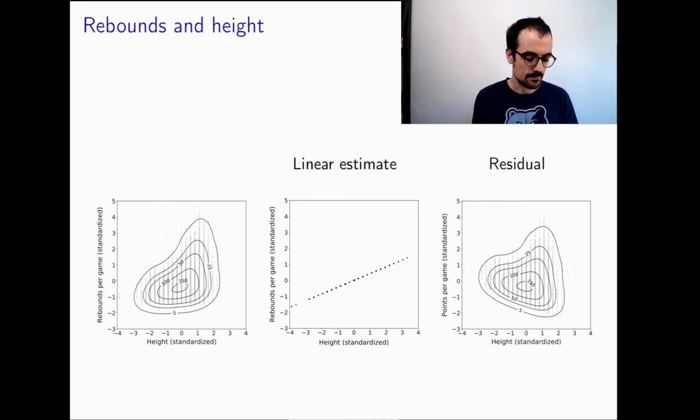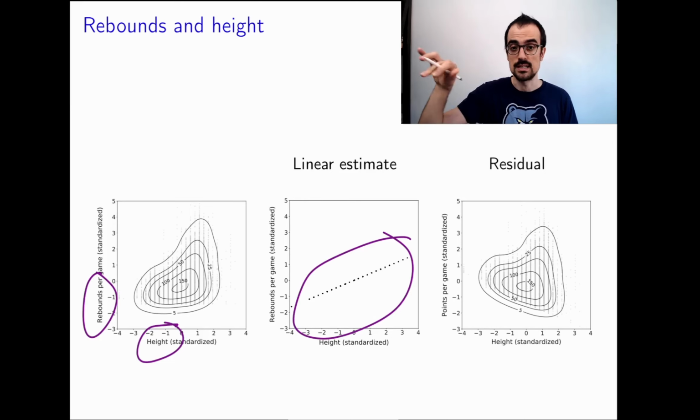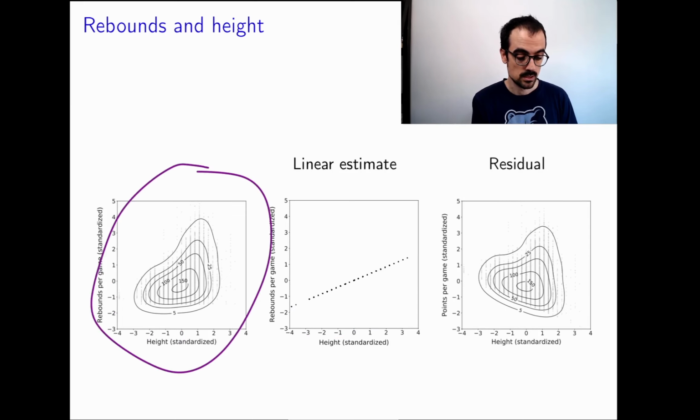So we had this example where we're looking at rebounds against height, and we saw that rebounds are essentially proportional to height, so they're positively correlated. If we subtract the linear estimate of rebounds given height from the original data, that's the original data, we obtain this residual.